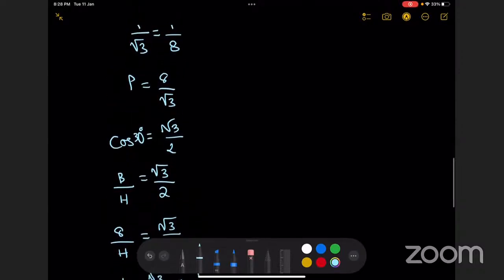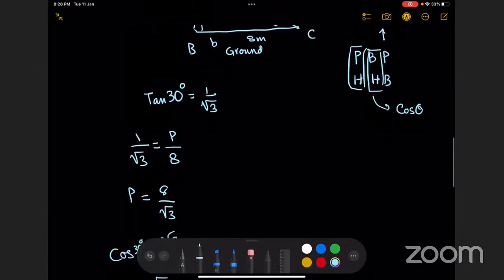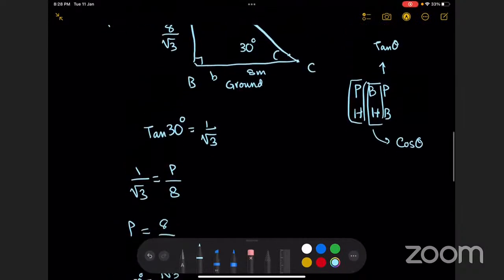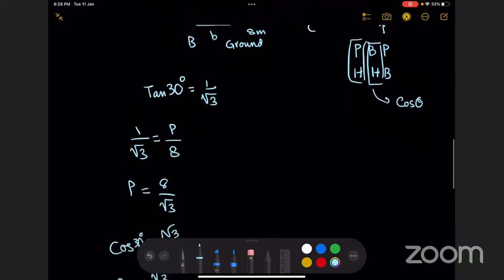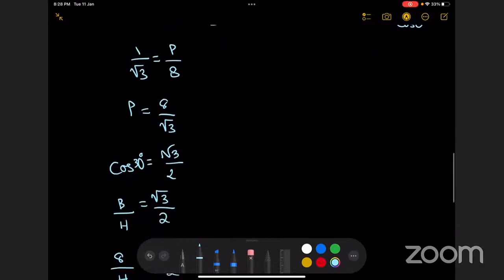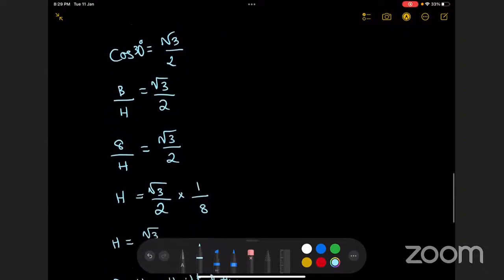If cos 30 is root 3 upon 2 and tan 30 is 1 by root 3, both of those are right. And the tan is calculated by p upon b. B is 8. This is correct so far. और नीचे आओ, show me base and hypotenuse.